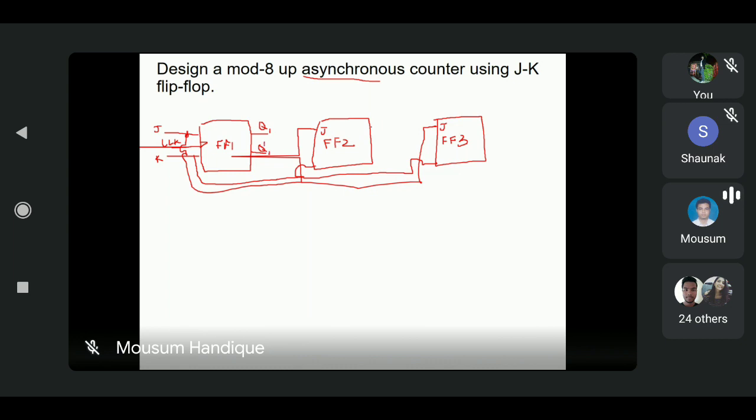And this one we are denoting as Q2, and here this one is also Q2 bar. And this one is the Q3, and this one is the Q3 bar.